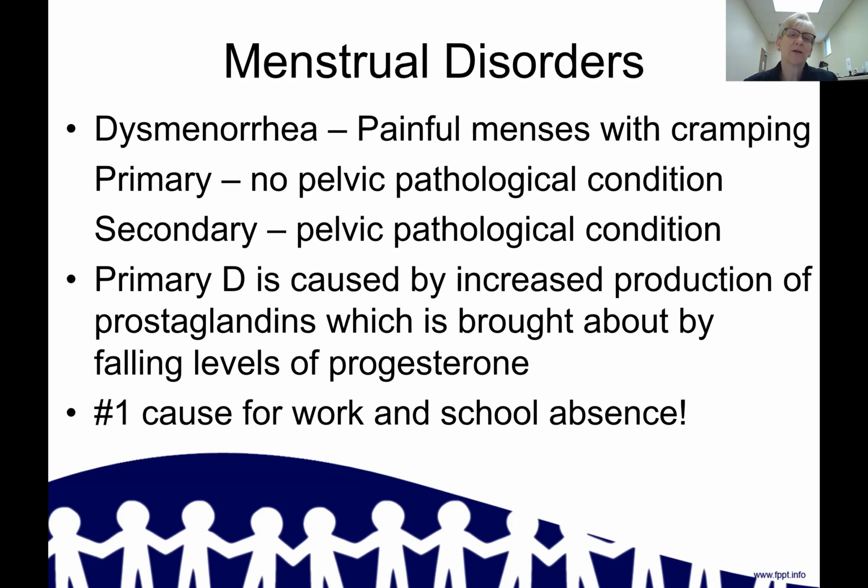It's primary dysmenorrhea if there's been no pelvic pathological condition like an STD or anything else, or secondary if they've got PID or something like that going on. In primary dysmenorrhea, it's caused by increased production of prostaglandins, which is brought about by falling levels of progesterone. So what will help keep levels of progesterone up? We'll talk about that in a minute.